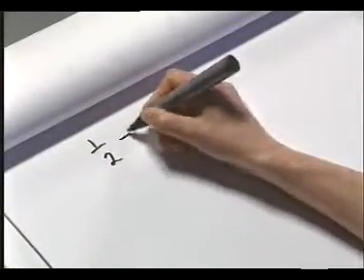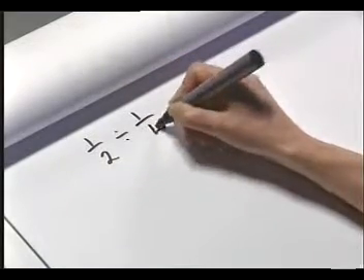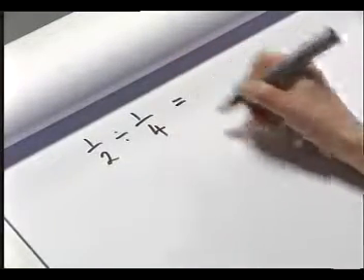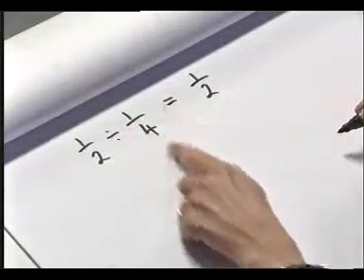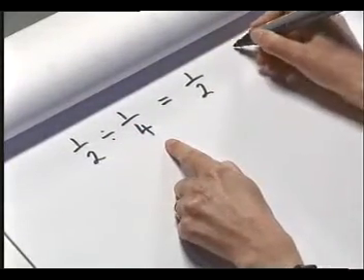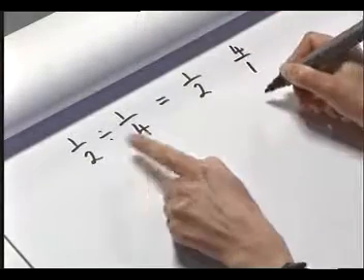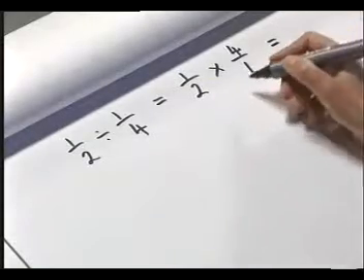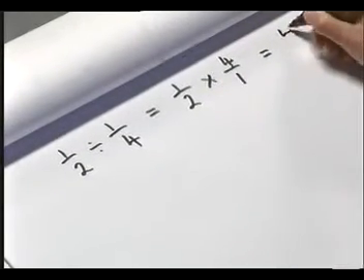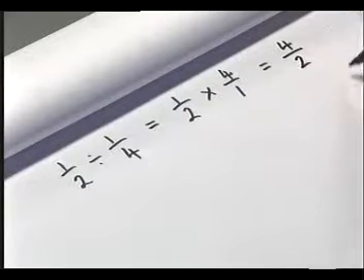Let's do a half divided by a quarter. So we have a half, we take the divisor, we turn it upside down, and instead of dividing, we multiply. So what we have here is 1 times 4 over 2 times 1, which is 2.